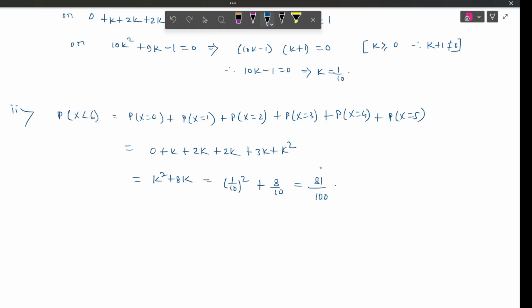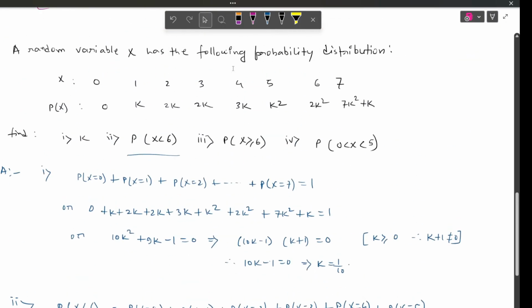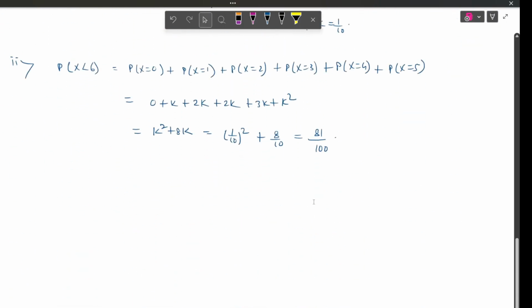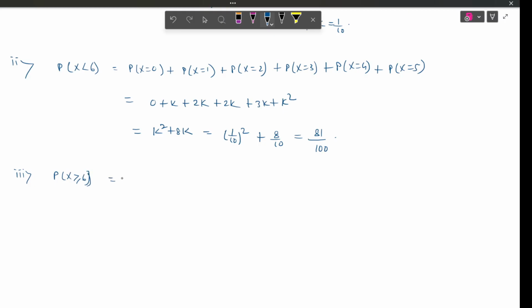Next value we have to calculate is probability of X greater than or equal to 6. So let's find it out. Probability of X greater than or equal to 6. So this means here we have to take the equal to sign. So probability of X equals 6 plus probability of X equals 7.